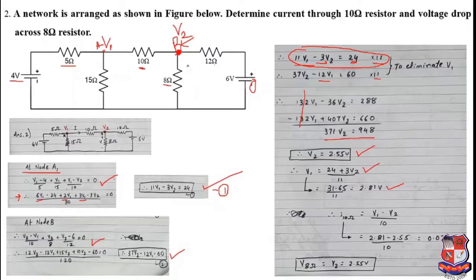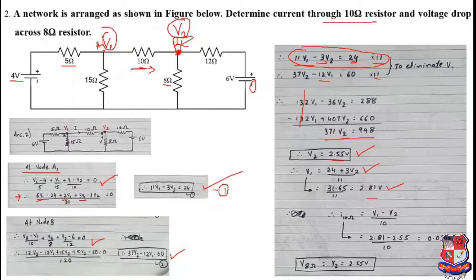Now we need to find current through 10 ohm resistor. So current through this 10 ohm resistor will be polar. So first we will need to see which magnitude is more, V1 or V2. So V1 is 2.81 and V2 is 2.55. So it means V1 is of higher polarity.